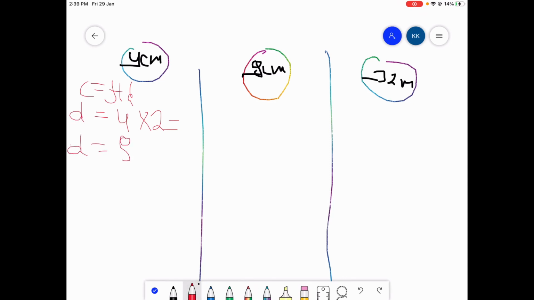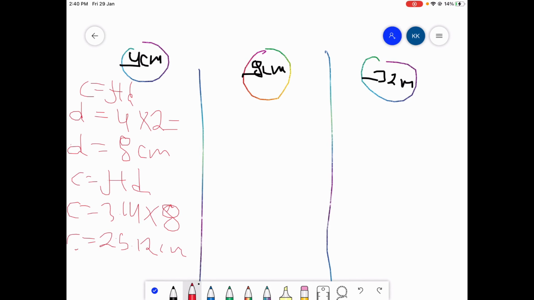D equals 8 centimeter. Then C equals pi d, which is C equals 3.14 times 8. The answer is 25.12 centimeter.